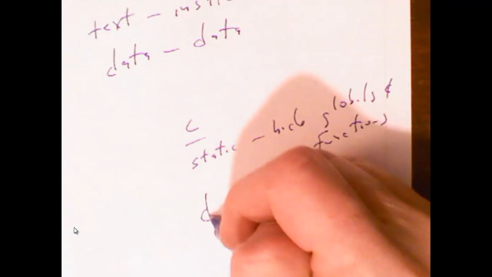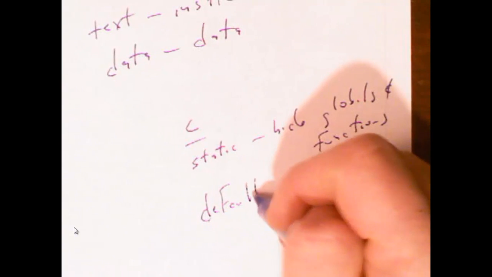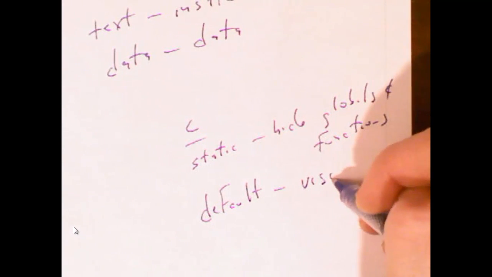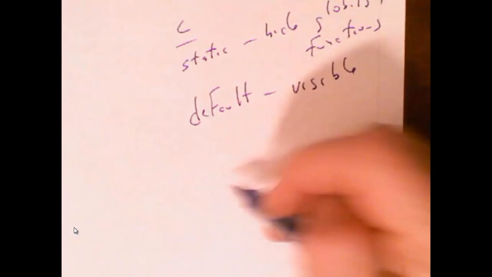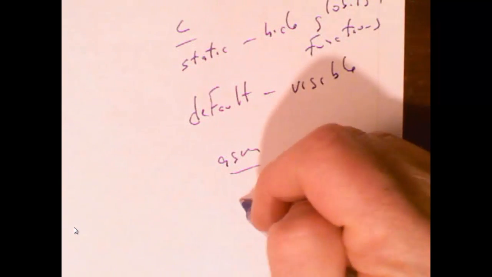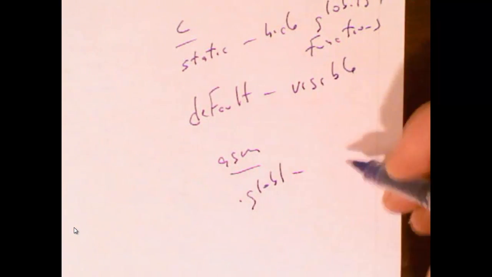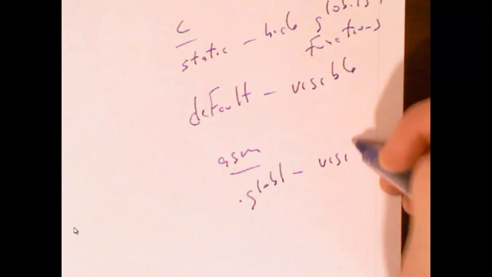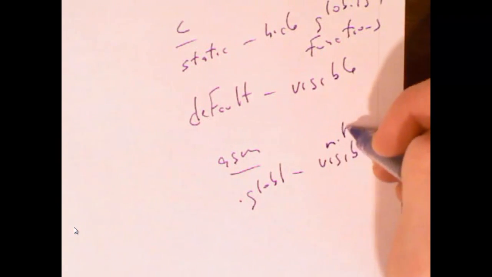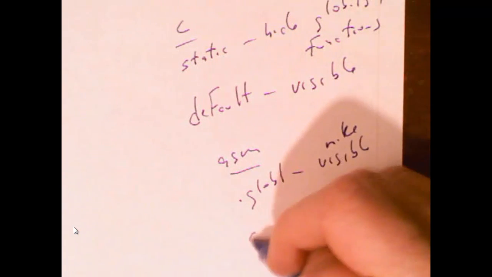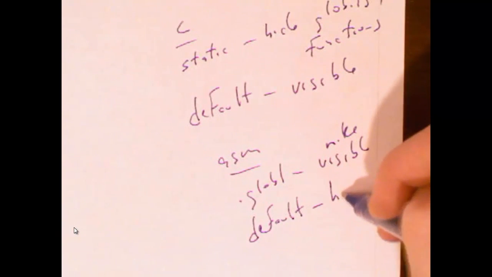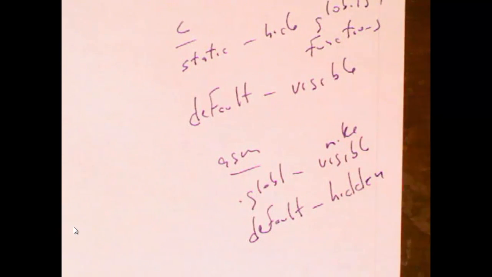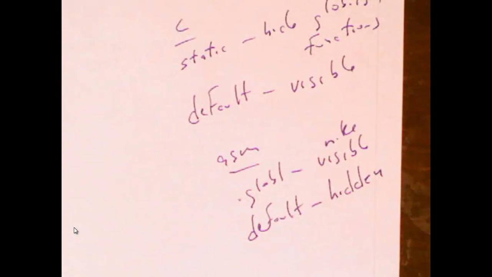The default is visible. Whereas in assembly language, we're going to use .global to make visible. And the default is they are hidden. Okay.